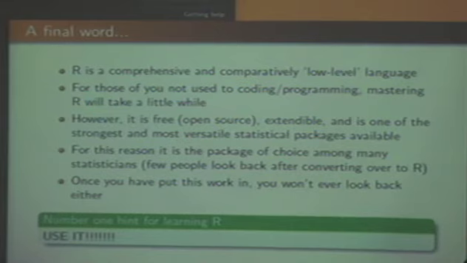Okay, so a final word. R is an extremely comprehensive package. It can do more than anything else by far because of this third-party contribution thing. SAS, Stata, definitely SPSS, they can't keep up with it. There are arguments against that. You could say, what about debugging and things like that?